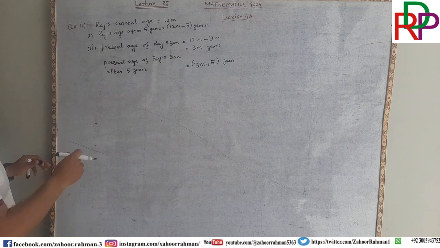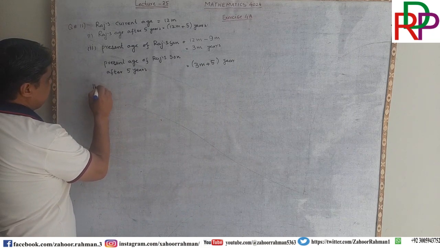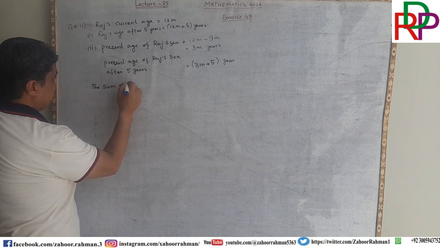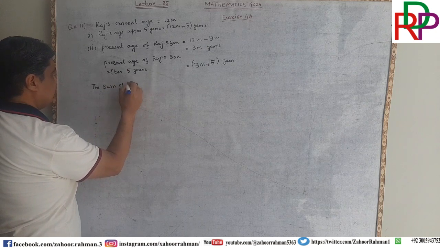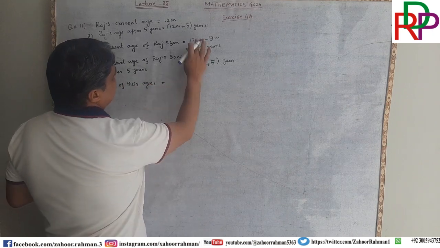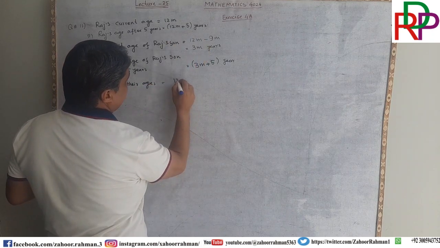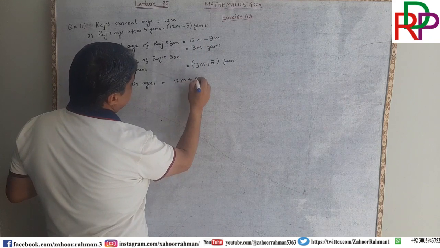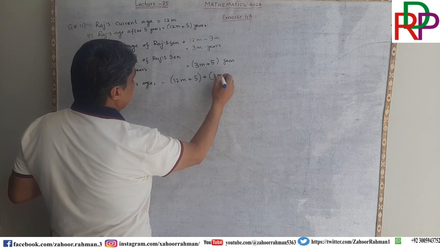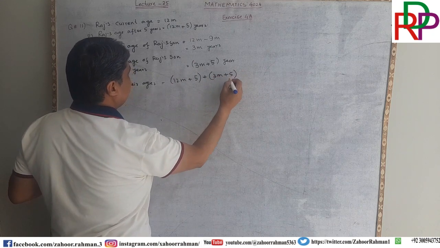Now we have to find the sum of their ages, which is equal to 12m plus 5 plus 3m plus 5.